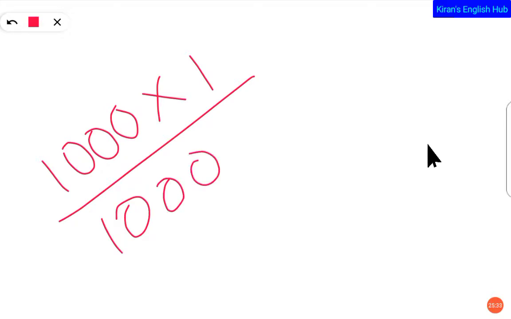You can just plant it on your birthday. You need not regularly go here and there to plant. If you plant a tree a day, that would be a very great thing. But if you at least plant one tree a year, and if there are 1000 people watching this video, you must plant at least one tree on your birthday.